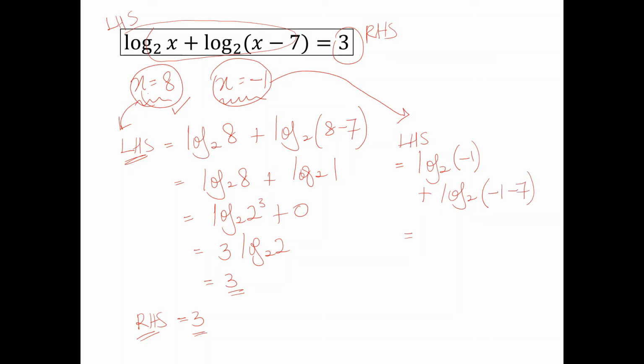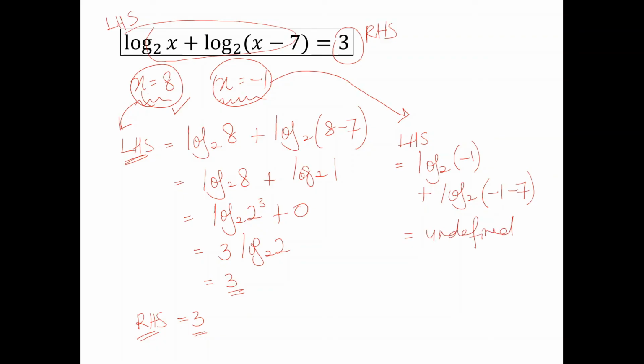If we press the calculator, you will find that log of any negative value is undefined. So we cannot proceed with this calculation. We can just state this is undefined.